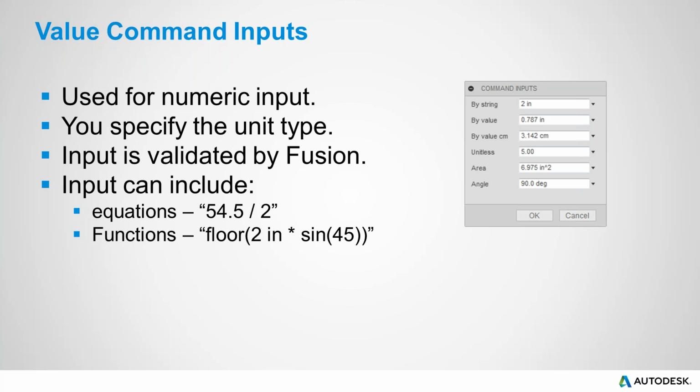So you could actually type in a function here, and as long as it evaluates to the unit type that you've said, so if it evaluates to any valid distance or a valid angle, whatever the unit type is for that particular input, then that will be okay. You can use names of parameters in these. So I could do something like this and get back a length, assuming D3 is for a length.